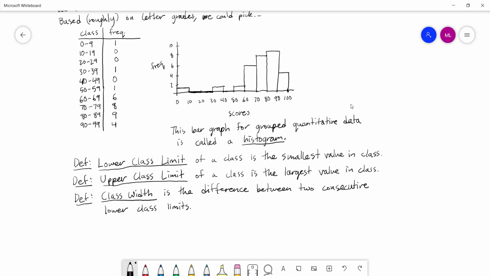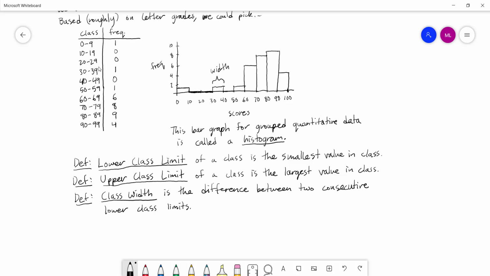It's literally this distance, right? When we call it the width, visually, that's what we're talking about. This is the width of our class. You can see it goes from 30 all the way up to 40, basically. And the next one is going to start at 40 and go up to 50, essentially. But we don't have any overlap when we actually talk about the numbers. We don't want there to be any ambiguity.